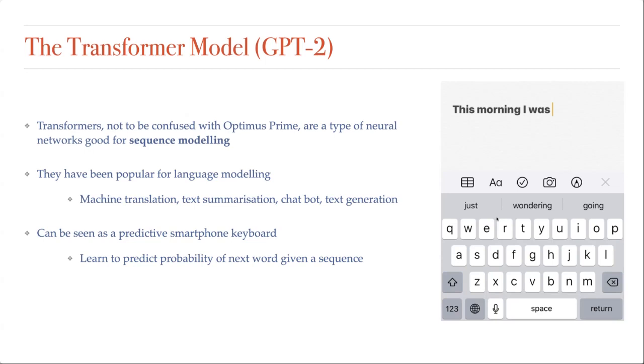Essentially, it's a sequential model, like when you type on your smartphone and it predicts the next word from your history. But it has a so-called attention mechanism that allows the model to pay attention to any part of the history, not necessarily the immediate history. That gives the model a lot of power to model very long sequences of data that are otherwise very difficult to model using other techniques.